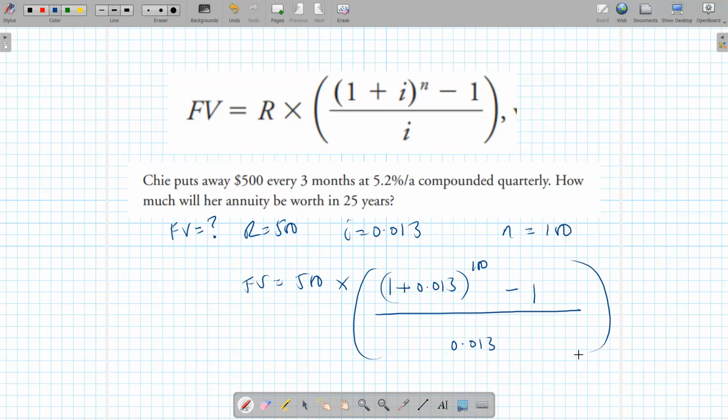How would we plug this in a calculator? Any ideas?